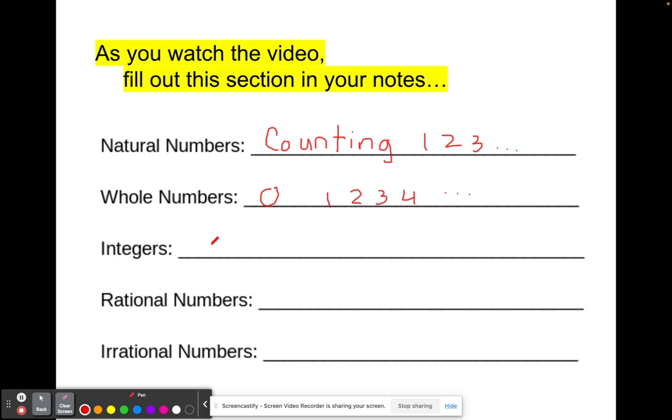Your integers are going to be your whole numbers, their opposites, and 0. Just giving examples. And they'll keep going forever this way and forever this way.